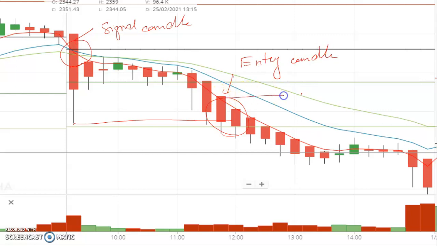Entry candle high is the stop loss, and the target is the subsequent support. So here we kind of reached the target, so the next target will be our support, I think it's S2 or S3.